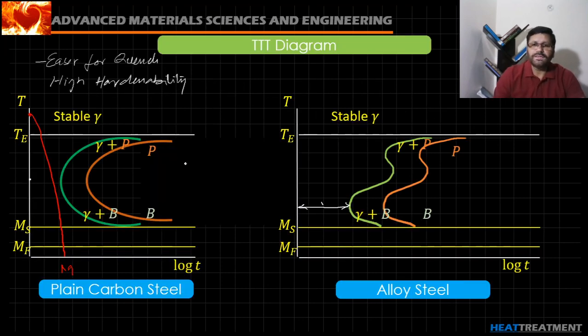As we have seen in this TTT diagram, the time lag is shortened at the nose as compared to the time lag that is available for the case of alloy steels.